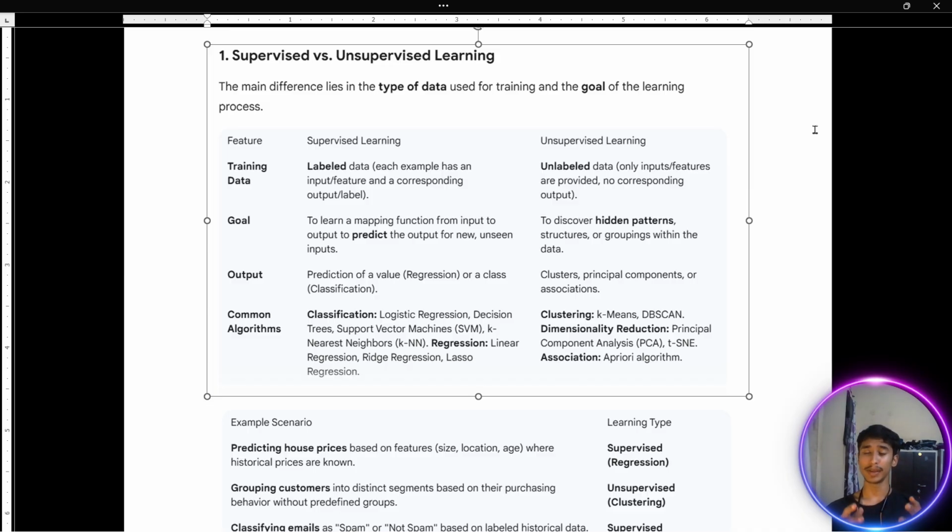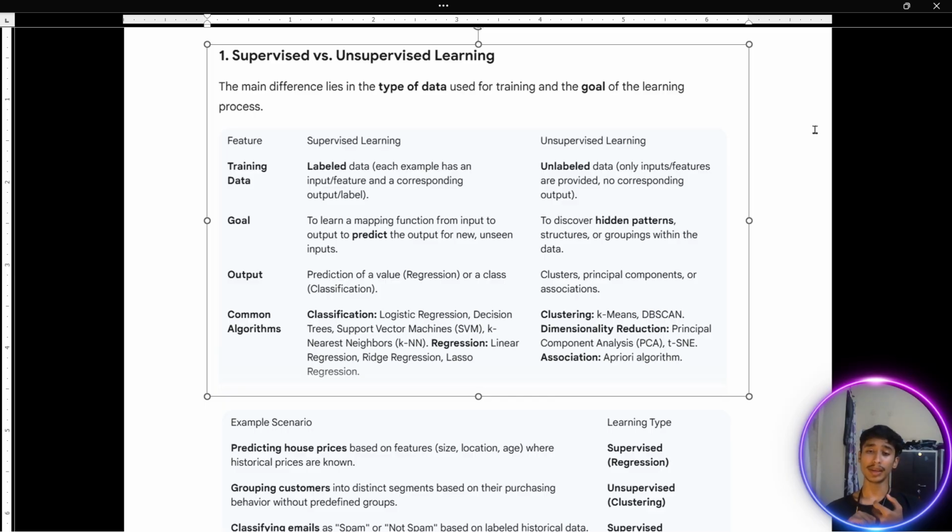Now we'll be discussing the second part of the question, that is, the common algorithms used for supervised and unsupervised learning. For classification, we have logistic regression, decision tree, support vector machine, also known as SVM, and K nearest neighbor, also known as KNN. For regression, that is linear regression, ridge regression, and lasso regression.